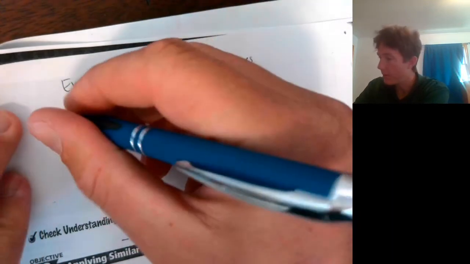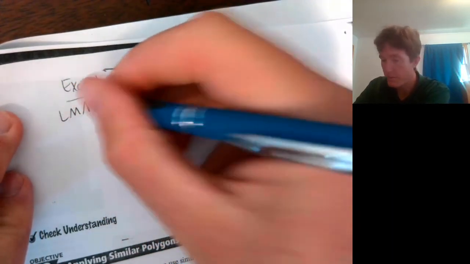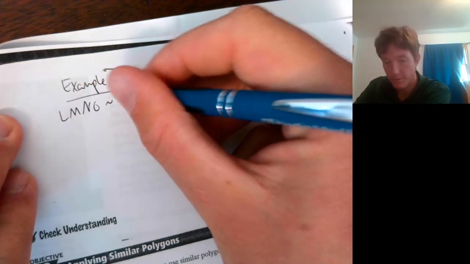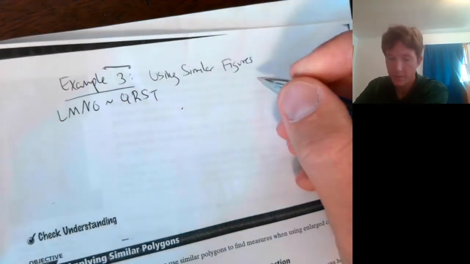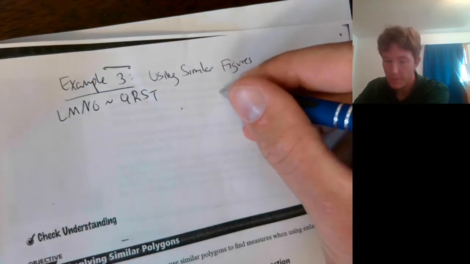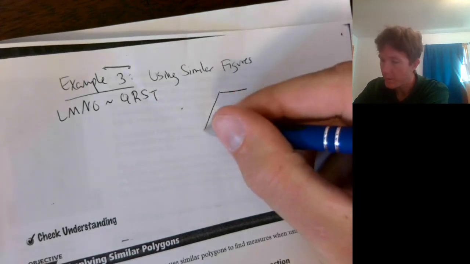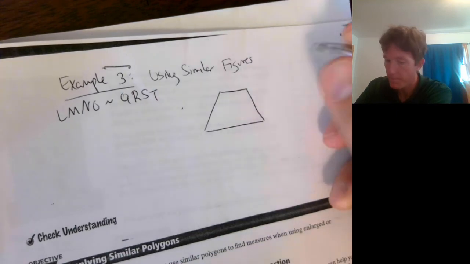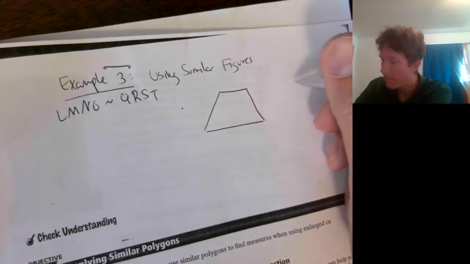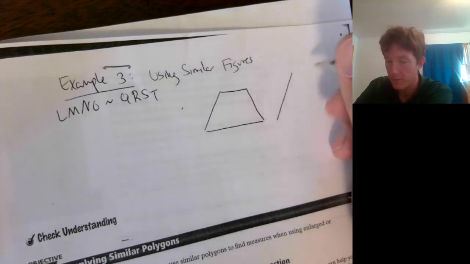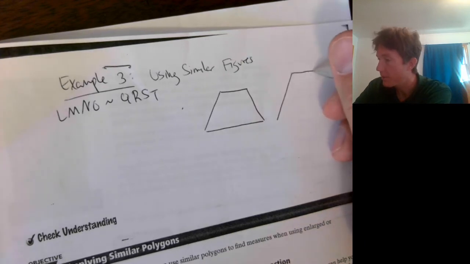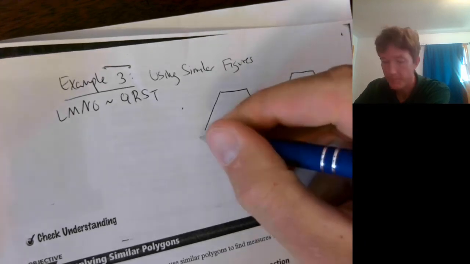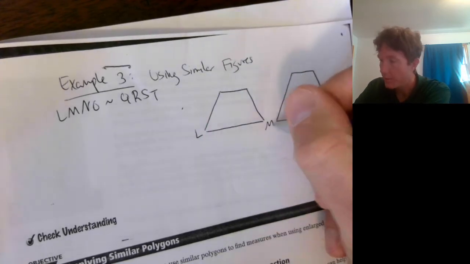Okay, so we have LMNO is proportional to QRST. So here's our first one. These are trapezoids. Good, they're in the same orientation. I always think it's really annoying when they draw them in different orientations. That way you have to redraw them.